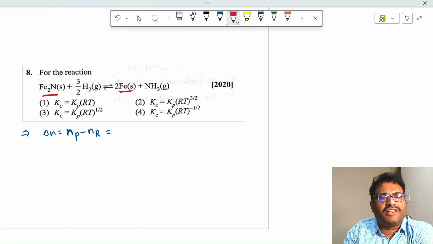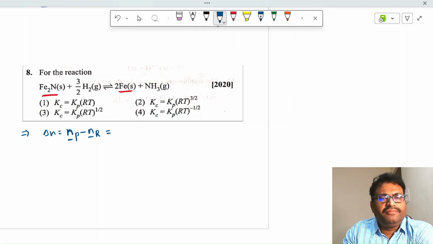So we don't consider them, because in the formula Np minus Nr, Np is the number of moles of gaseous products and Nr is the number of moles of gaseous reactants. When there is a solid, solution or liquid, we don't consider them.